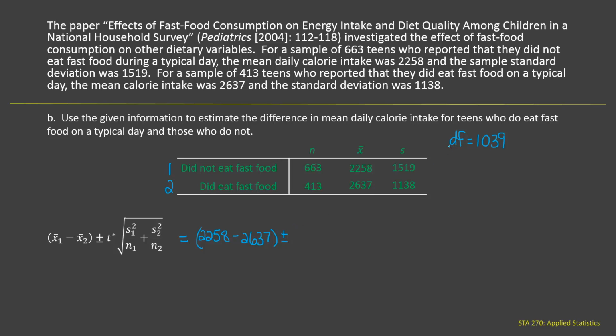We need to go find the critical value, t star, for 1039 degrees of freedom. This particular problem did not tell us what confidence level to use, so I'm just going to go ahead and pick one. Let's say we use 95% confidence. That's a fairly standard one, so that's what I'll use here.